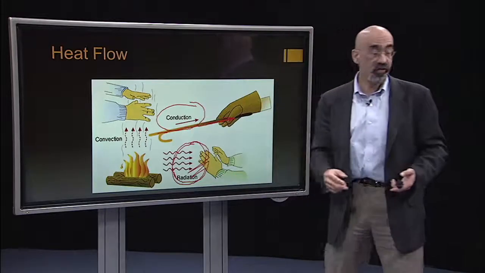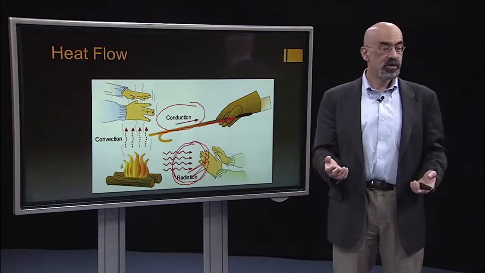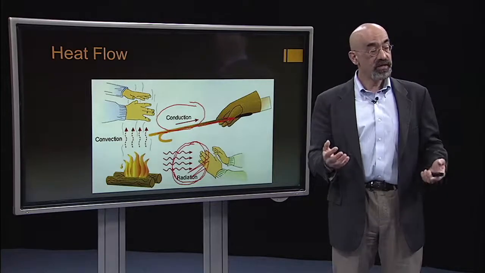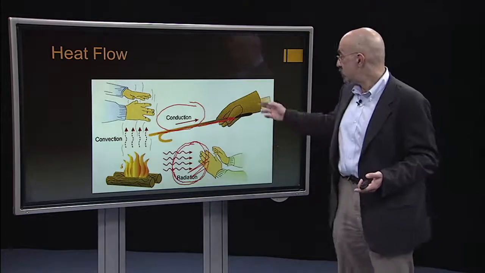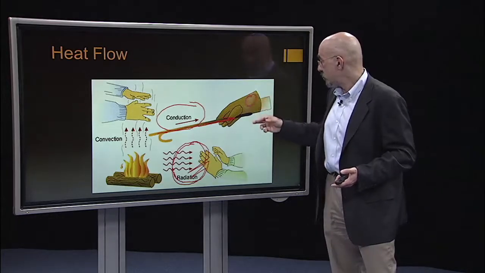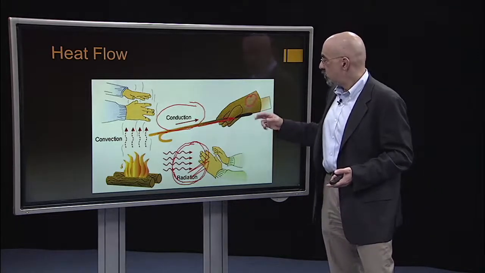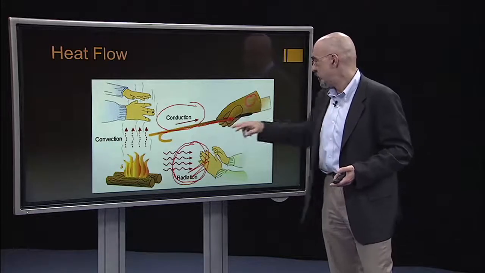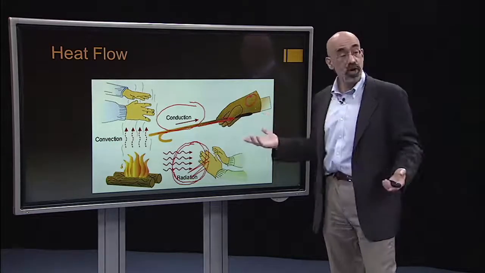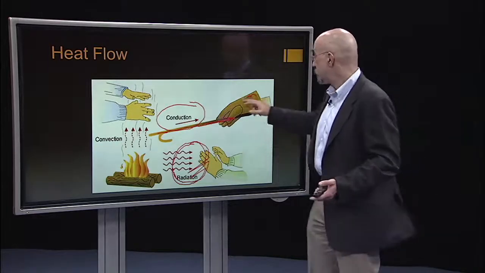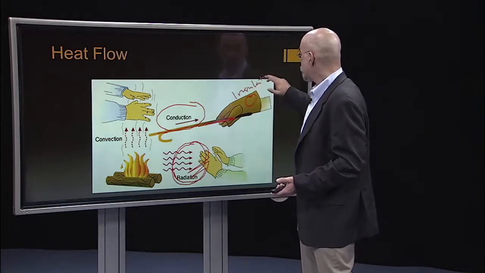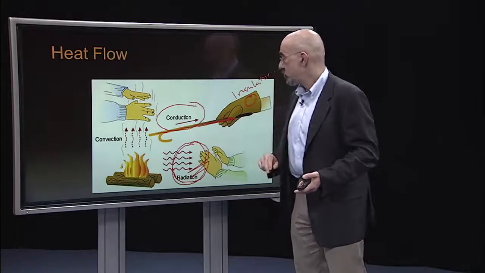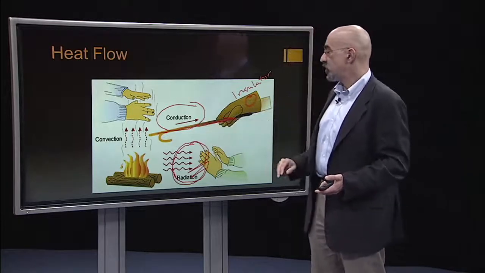And metals are very good conductors. On the other hand, materials that are insulators, like this glove here, are poor conductors, which is why you can touch this piece of metal with the glove, but wouldn't want to touch it with your bare hands. So insulators are poor conductors, while metals will be good conductors.